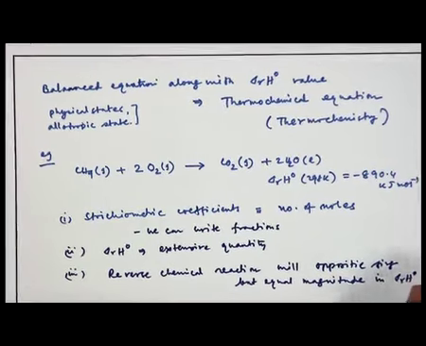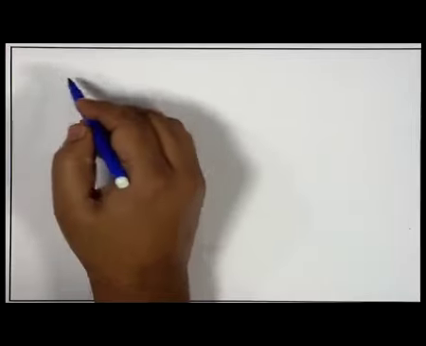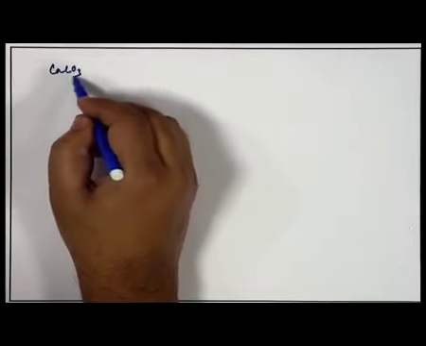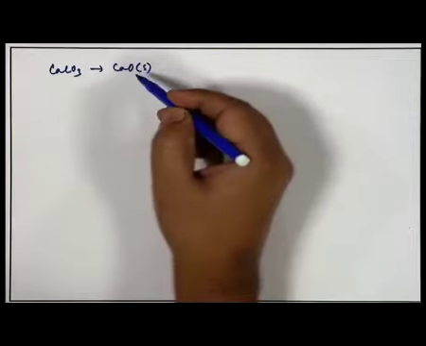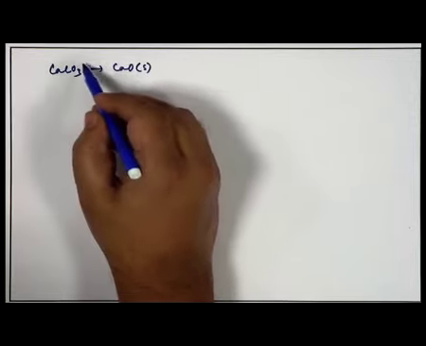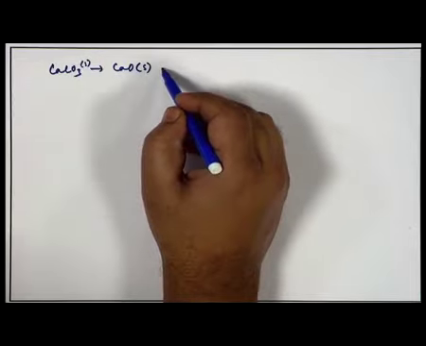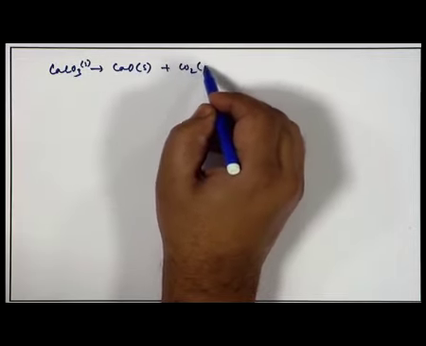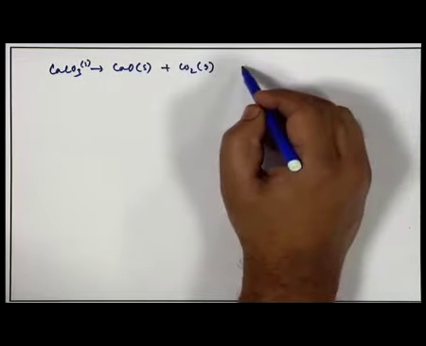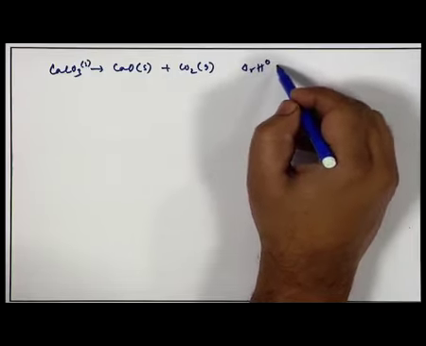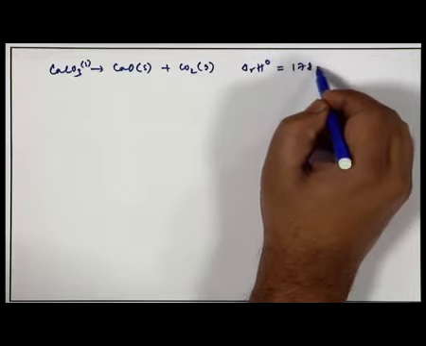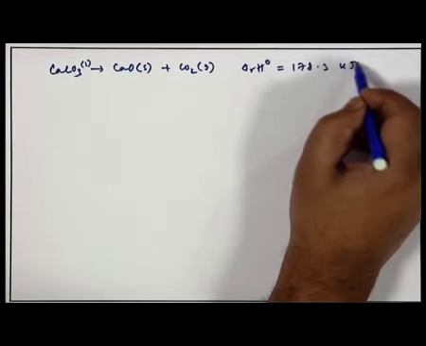If we want to elaborate with an example, we know this example, the decomposition of calcium carbonate solid into calcium oxide solid plus CO2 gas. Now, delta HR or heat of reaction for this is 178.3 kilojoule per mole.